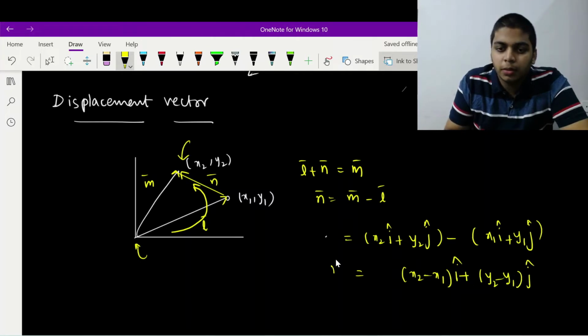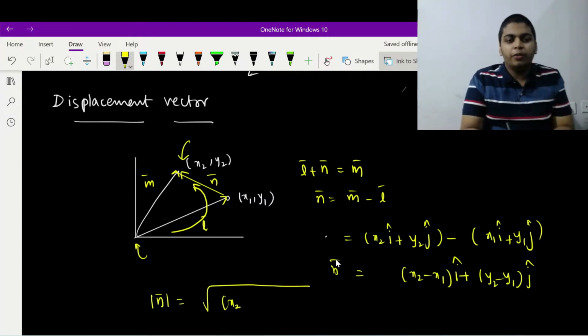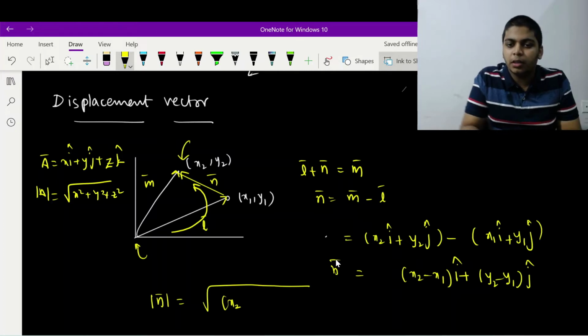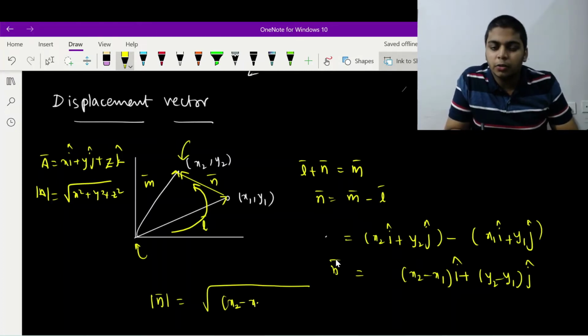This N bar is your displacement vector, and mod N bar is nothing but the root of the sum of squares. Let me remind you, if you have some vector A bar as x i cap plus y j cap plus z k cap, its mod is root over x square plus y square plus z square, right? Similarly here, mod N bar is root over x2 minus x1 whole square, the component of i whole square, plus the component of j whole square.